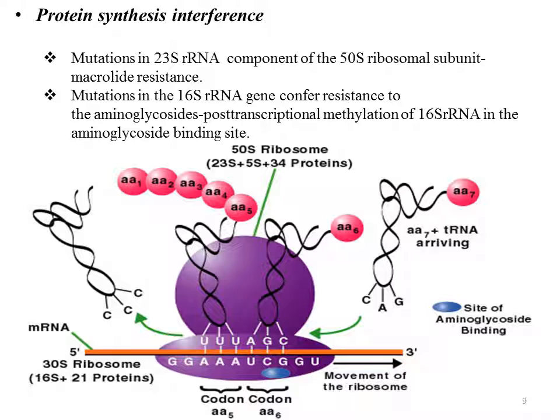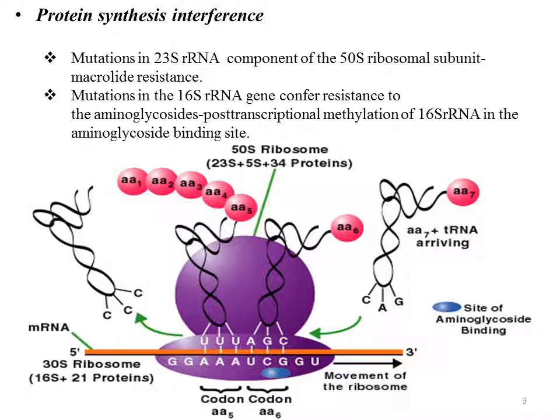Protein synthesis interference. Certain antibiotics mainly affect the bacteria by interference with protein synthesis. For example, macrolides and aminoglycosides mainly destroy the bacteria by interference with protein synthesis.